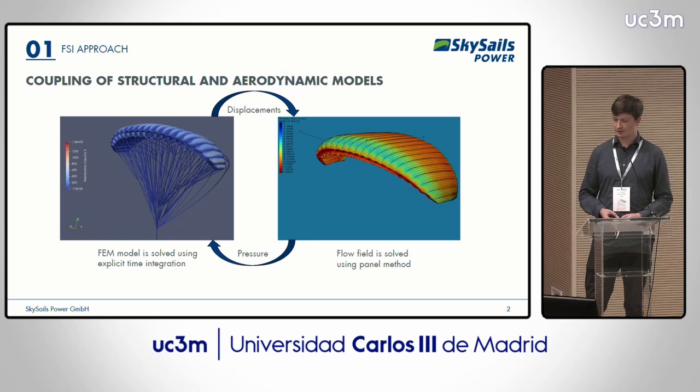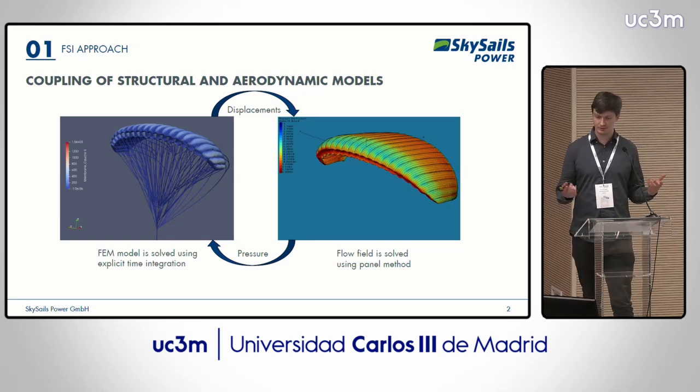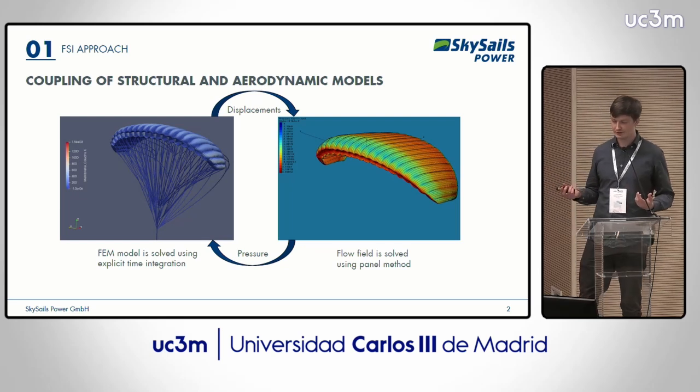It's essentially based on the coupling of two different solvers. On the right-hand side, you can see the result of our panel method. This works on a 3D kite, and the panel method determines the CP distribution, or the pressure distribution, on the geometry, and then this pressure is passed to the FEM model.